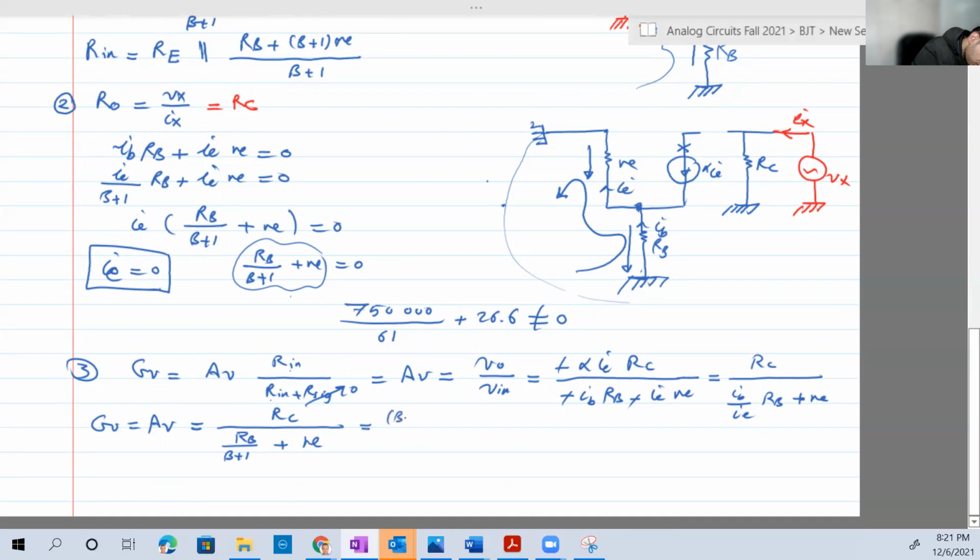So this will be beta plus 1 times RC over RB plus beta plus 1 times RE small. If we do that, this will be 0.375, which is not amplification.